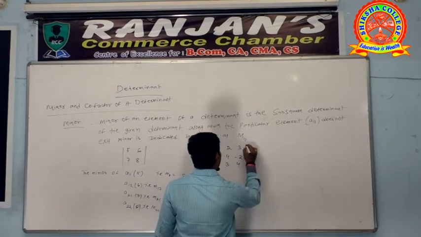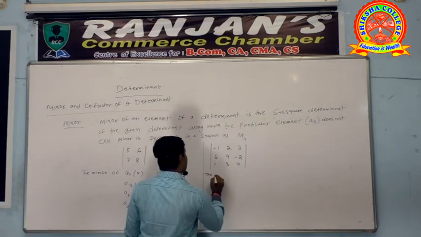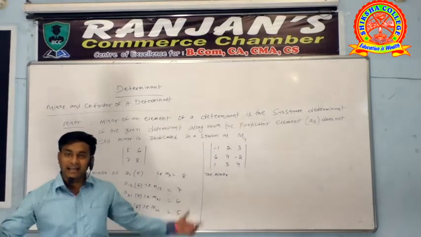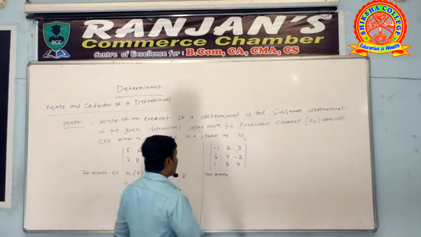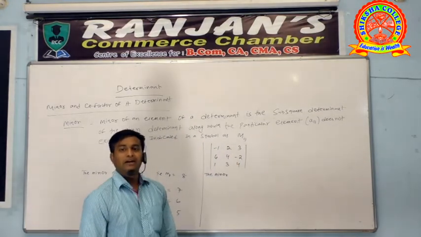This might be the example. Now we need to find the minor of any element. We can take any element. So first let's take the minor of 4.